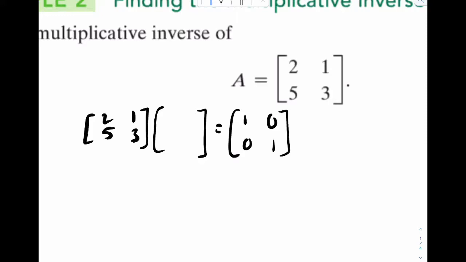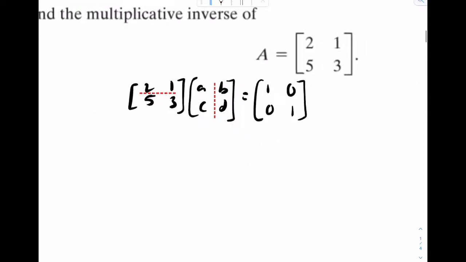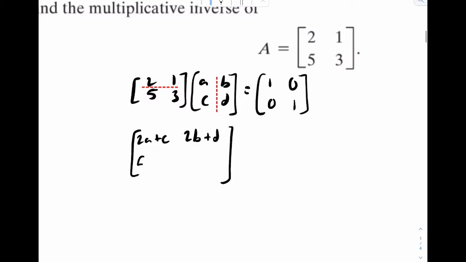The most basic way is to just call it A, B, C, and D, and then figure out the missing variables there. So let's multiply. This would be 2A plus C. This would be 2B plus D. 5A plus 3C. 5B plus 3D. And that's 1, 0, 0, 1.